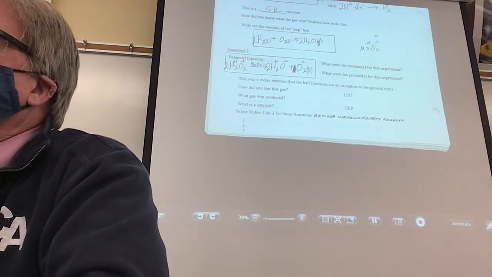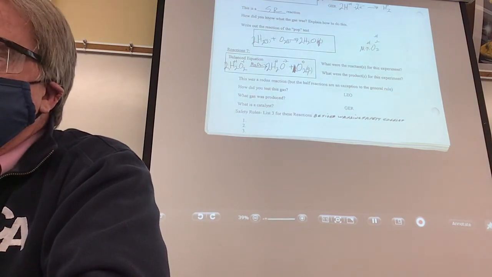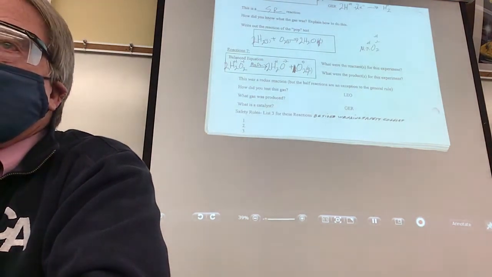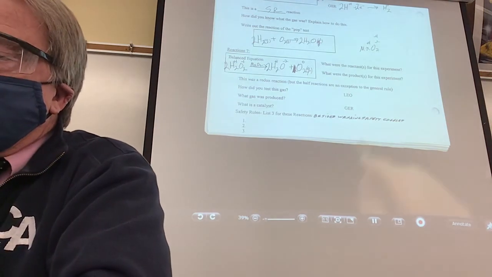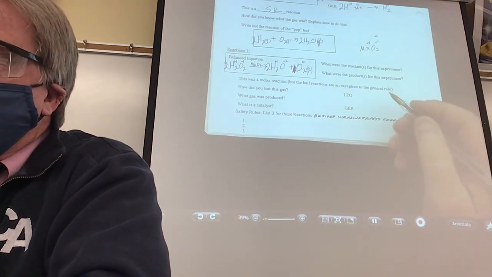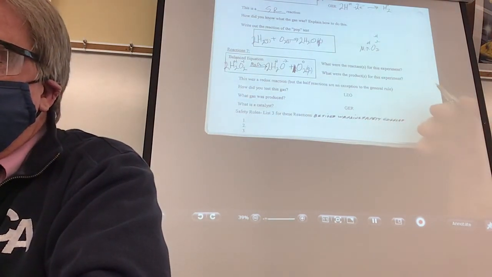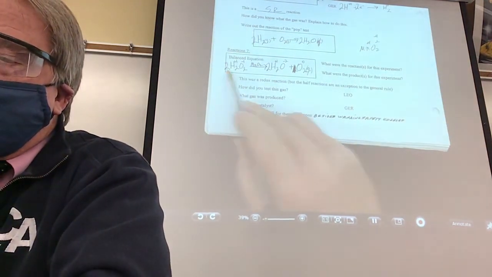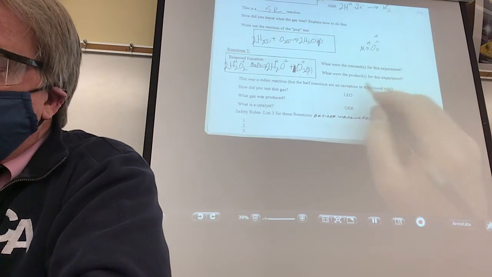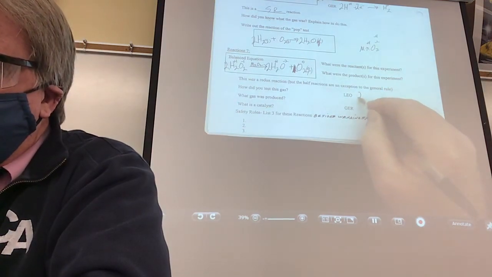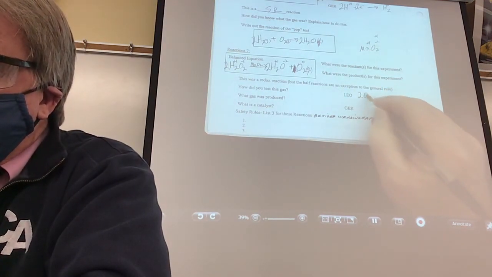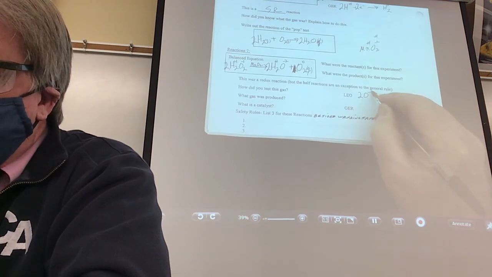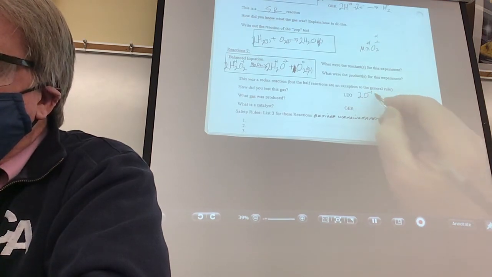This is weird. So what do you think? If you had to do a LEO and GER, what do you see here? Who got more positive? If I started with 4 hydrogens, I don't know how many, but I'm going to say half of them, maybe 2 of the oxygens that were -1 would have done what?